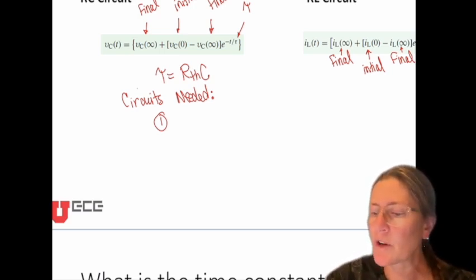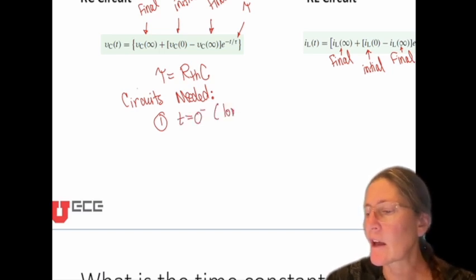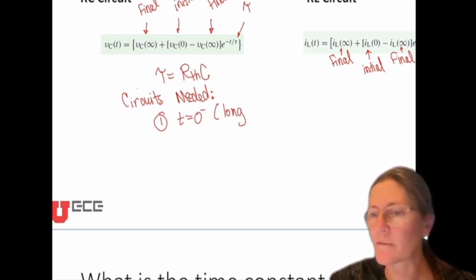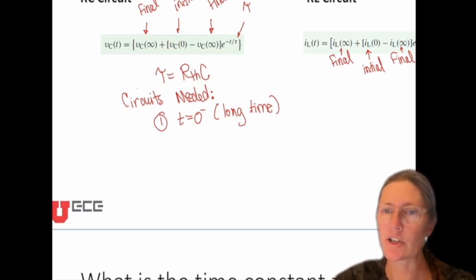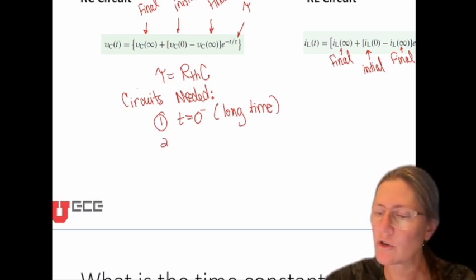So we need to find what we call t equals 0 minus, and that means that it has sat for a long time before a change happens. So you analyze that circuit before a change.